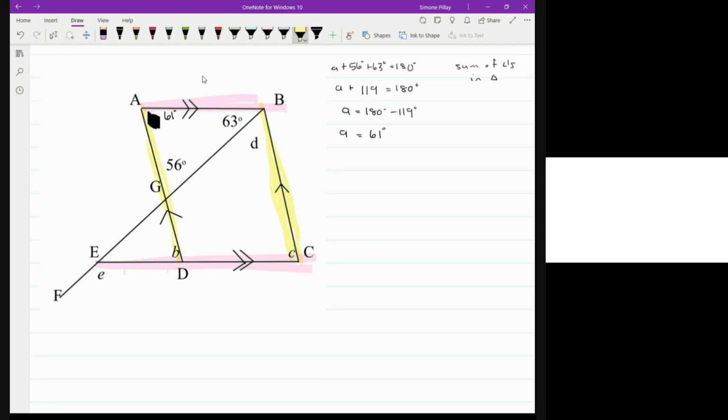Also, by the way, whenever you get questions like this, my advice is always solve them in alphabetical order. So let's go A, B, C, D, E. Usually they label it so that that's the easiest way to find them. You don't have to, but the easiest way is always doing it alphabetically. Now I'm looking at B. I don't know if you guys are seeing what I'm seeing, but I'm seeing a good old Z or N over here.